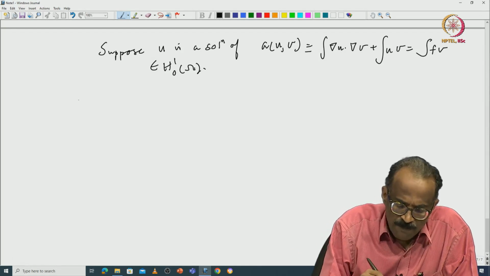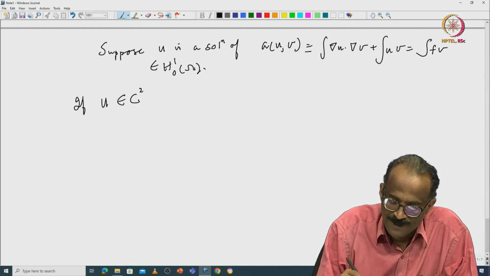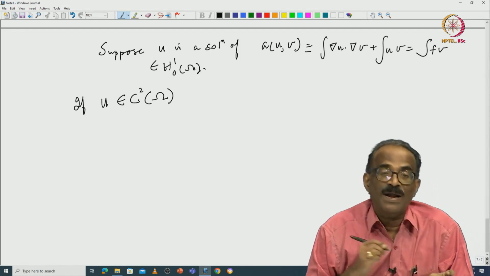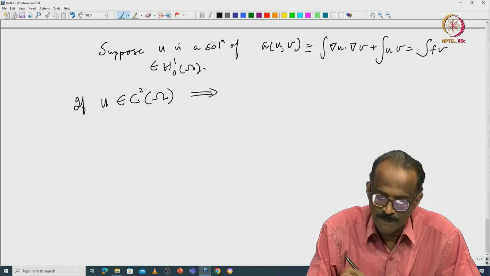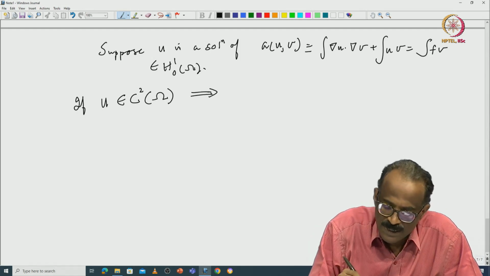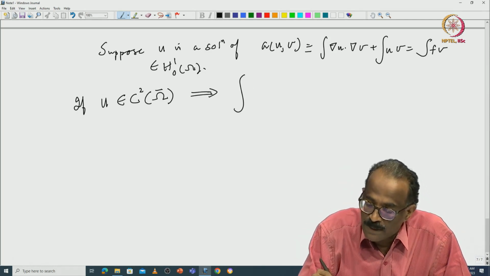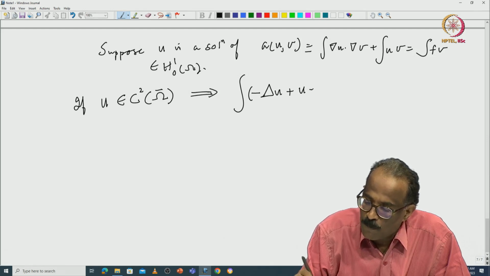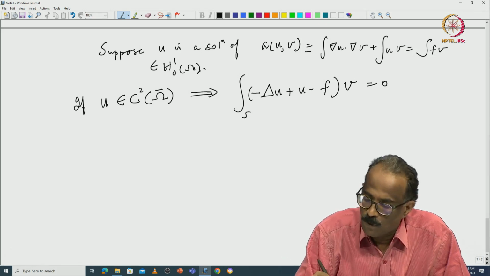and if u is in C2 of omega, so you are assuming more regularity, then I can do an integration by parts to show that the integral of minus Laplacian of u plus u minus f, times v, equals 0 over omega.